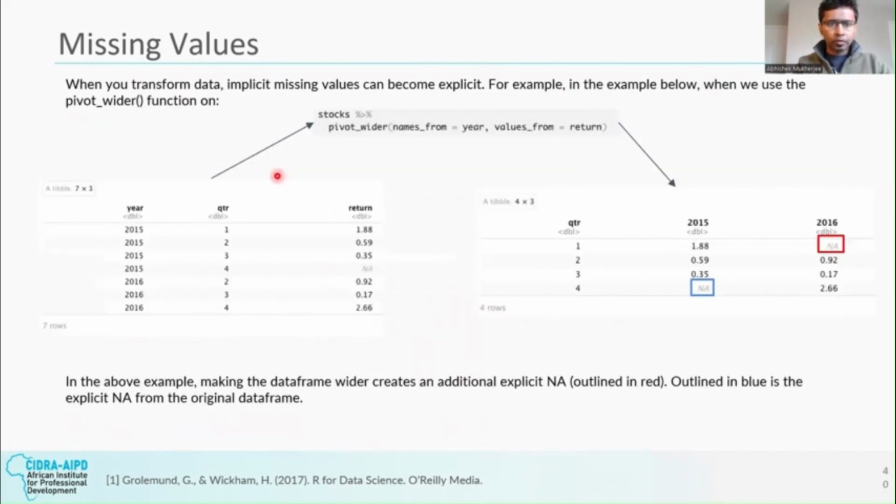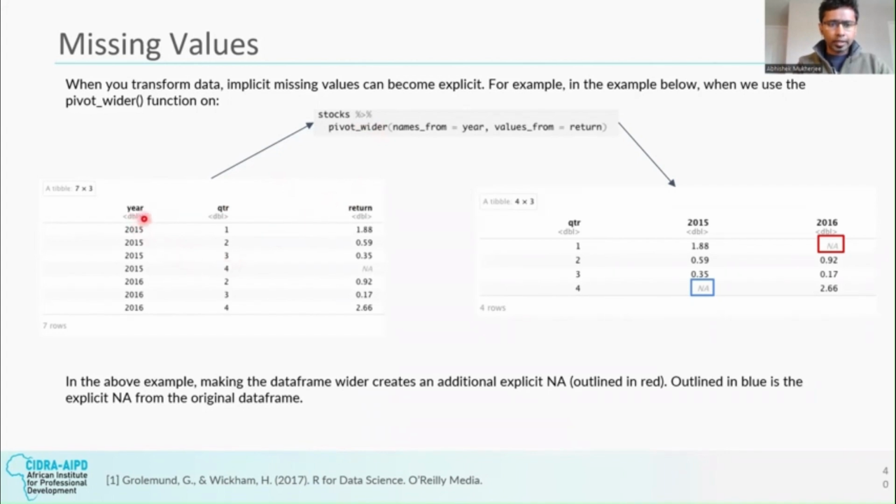When we are transforming data, sometimes implicit missing values can become explicit. For example, let's say that we have this data set as we had seen in the previous slide. On this data set, if we apply the pivot wider function, I'm not going to go in depth into how it works because we have gone through the pivot wider and pivot longer functions in detail in part 2 of the lecture.